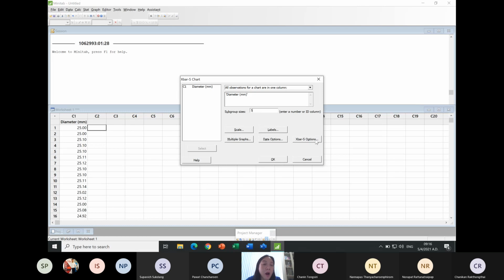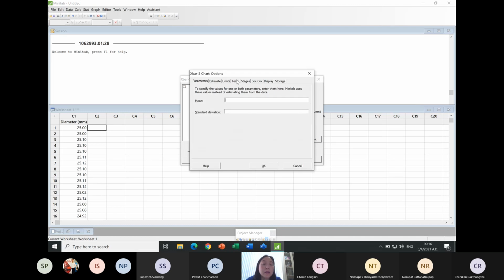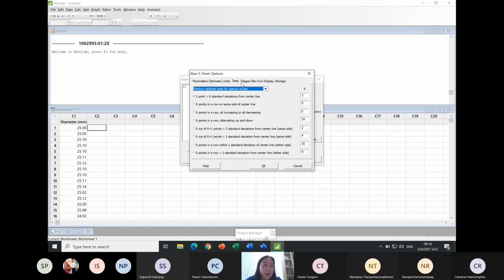Then on the right hand side you will see x bar and s option. If you go to the test model, there will be 8 tests, remember that from last time we learned about 8 tests to detect abnormality on x bar or s charts. If you click on the arrow, actually the default of Minitab will use only one rule, which is the extreme point, that means a point beyond the control limits.